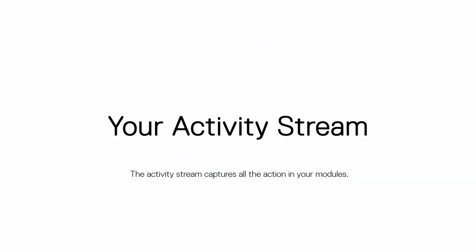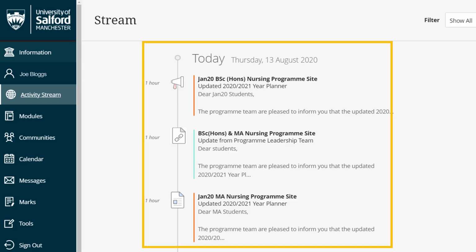The activity stream captures all the action in your modules. Here you will find up-to-the-minute key announcements, activities and upcoming events, such as those all-important assignment due dates. Each notification has an icon which indicates the type of communication it is. For example, a loud hailer indicates an announcement.